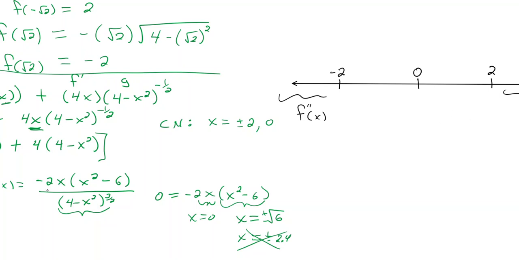So if I throw 1 into this function, we're going to get some negative number times 1, right? So that's negative. And then if I throw 1 into x squared, that'll be positive 1. Then we subtract 6. So that's coming out negative. So we got negative times a negative. That's coming out positive. And then in the denominator, we've got 4 minus 1. So that's coming out positive. So this is going to be positive.